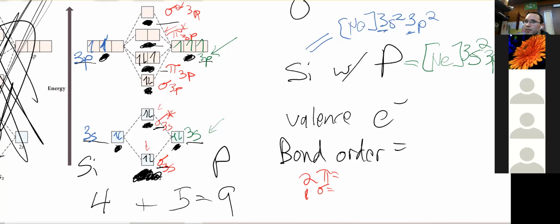Or you fill them in the same way you've always filled in all of your orbital diagrams, right? Everyone at the lowest level goes first. Each box only gets 2 electrons, so one's up, one's down. And once you fill in that level, you go to the next level. When you get to a level that has more than 1 box, then everyone gets 1 before anyone gets 2.